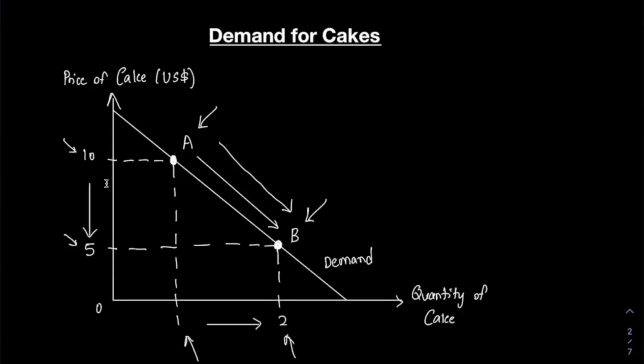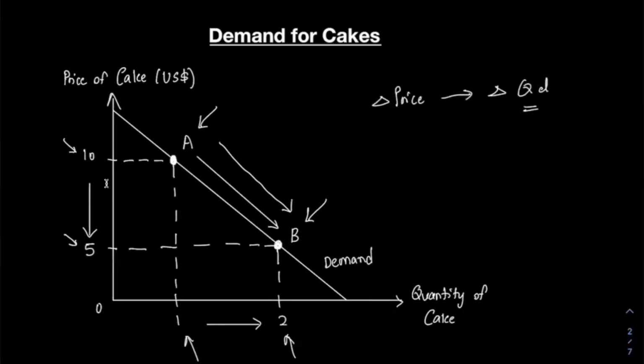We don't want to consume more cake and therefore the price of cake falls. It doesn't really make sense that way. So just remember that it is the changes in price that causes a change in the quantity demanded.